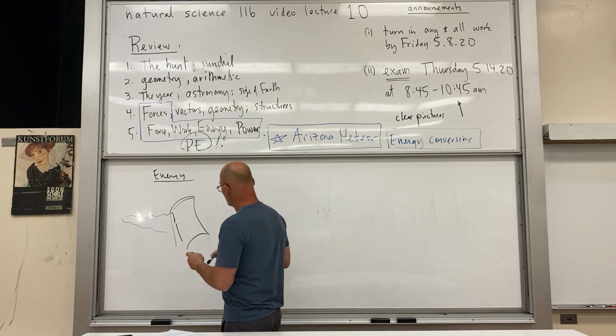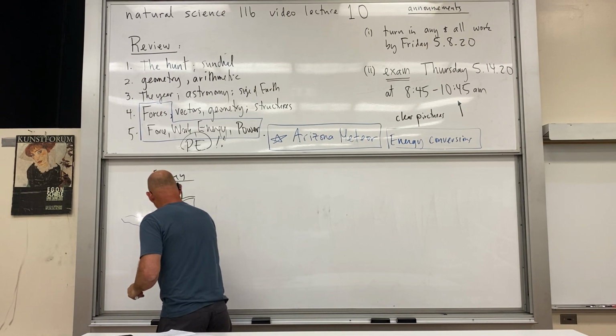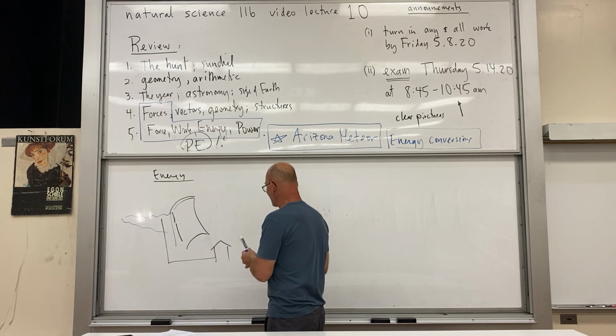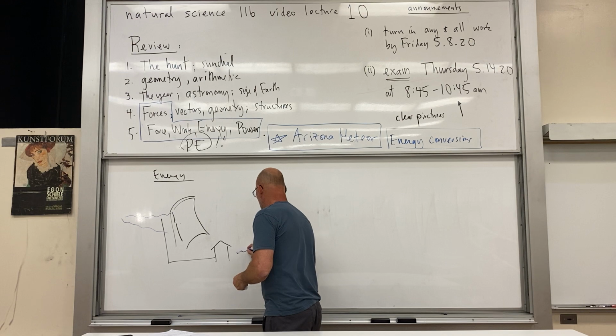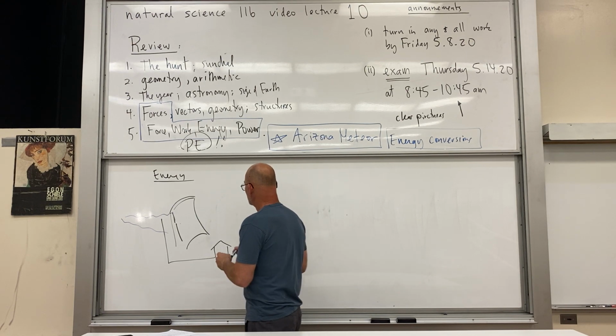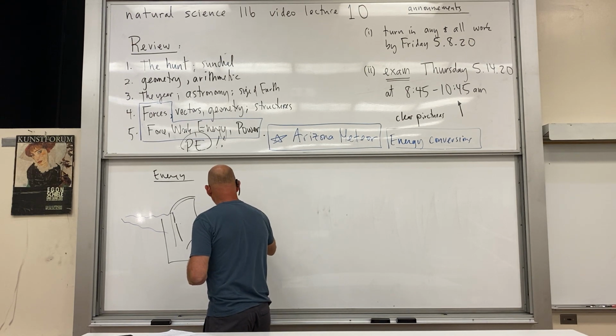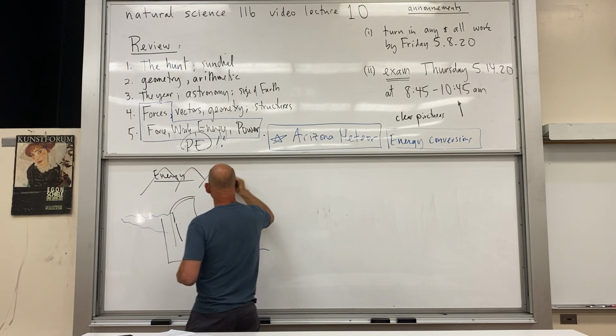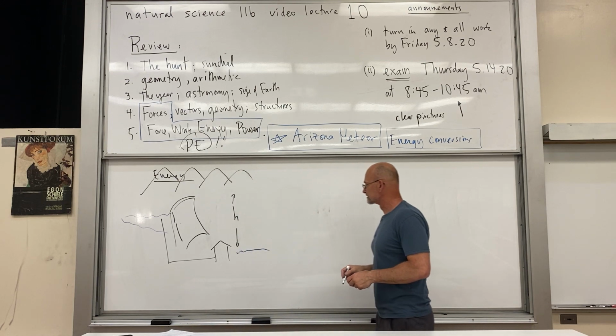We would have our dam and our penstock and our power plant here and our lower lake, and we'd still have the height H. We'd still have the mountains behind there.